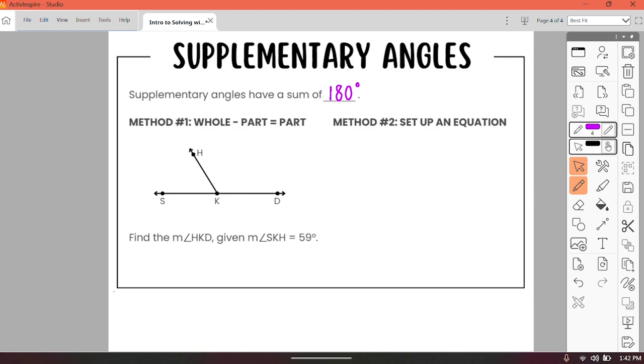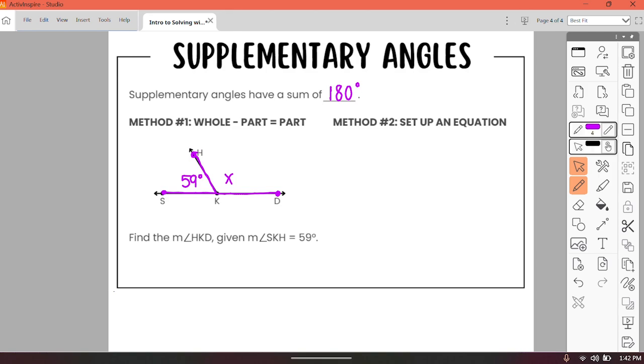So down at the bottom, it says, find the measure of HKD. So if it says find the measure, that means we don't know what that is. So that's going to be our X. Given that the measure of angle SKH is 59 degrees. So we know the smaller angle, we don't know the bigger one.